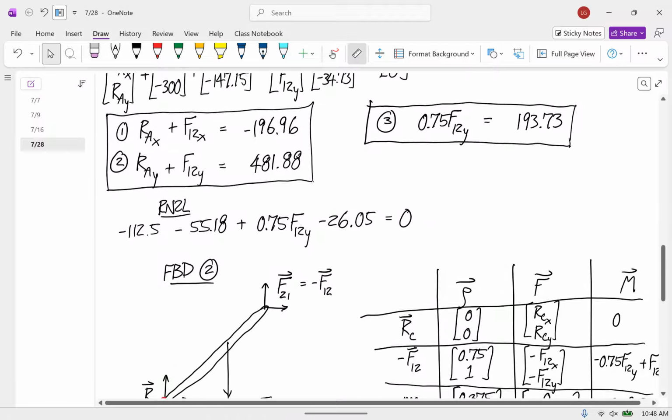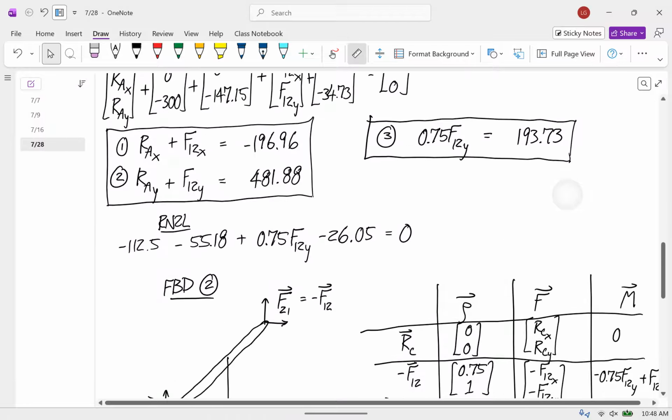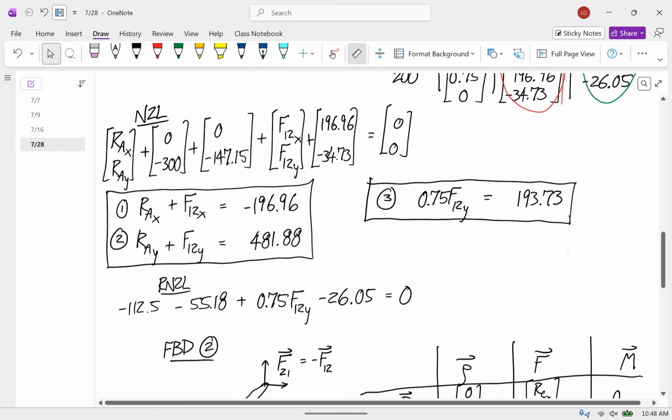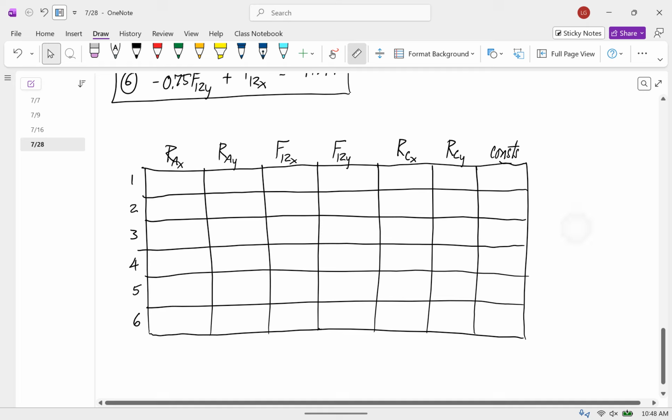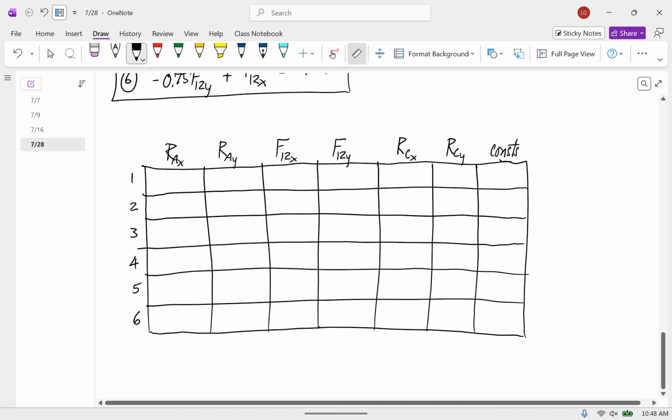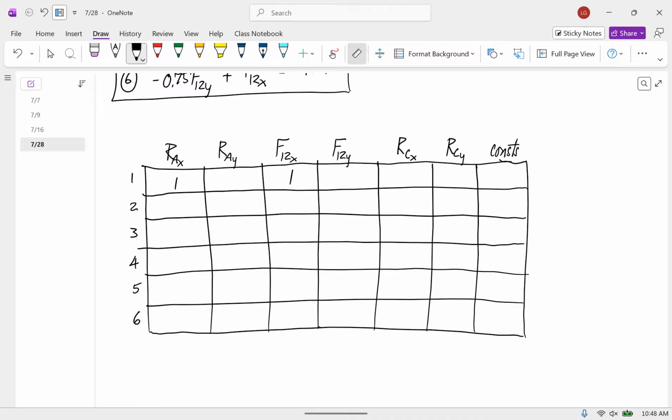Okay, so for equation 1, RAX plus F12X is equal to negative 196.16. So RAX, we have one of those. F12X, we have one of those. And the constant is negative 196.96. And everything I haven't filled in is a 0.